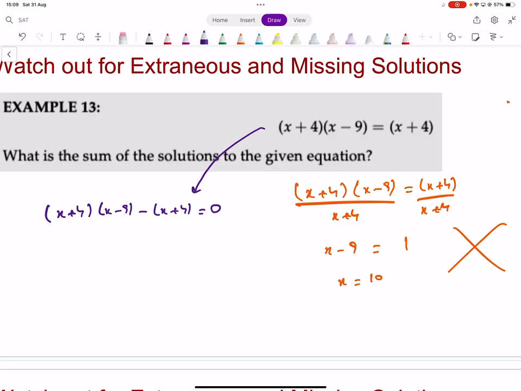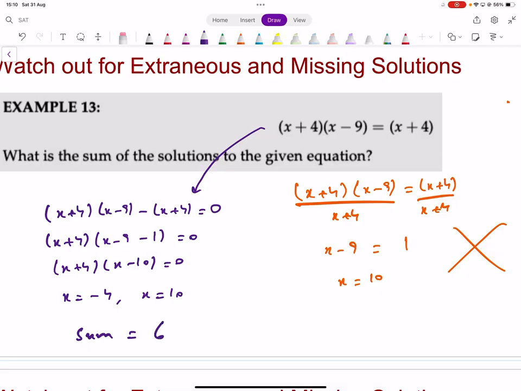And now you can take x plus 4 common, just like we did in one of the previous examples. That leaves us with x minus 9 minus 1 inside. Alright, so that's x plus 4 into x minus 10 equal to 0. X equals minus 4 or x equals 10. What's the sum? Sum is 6.